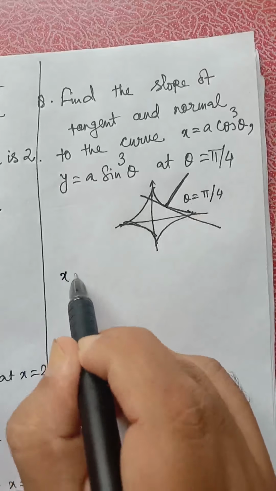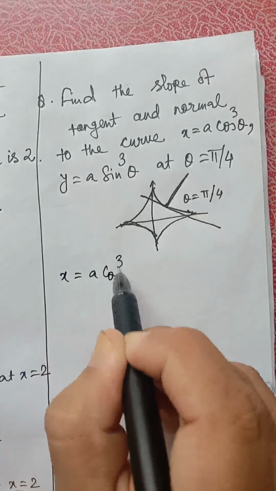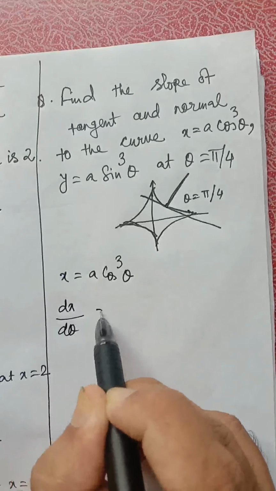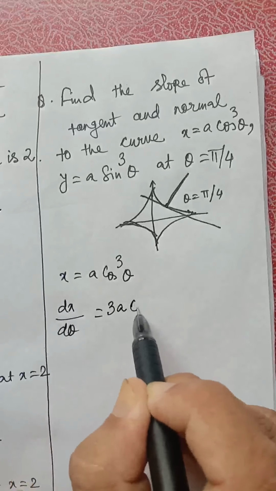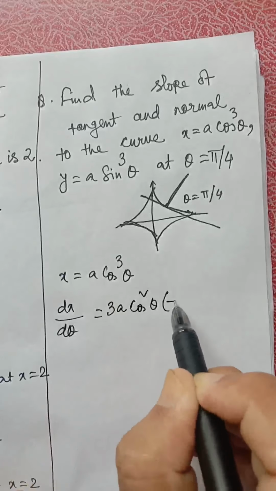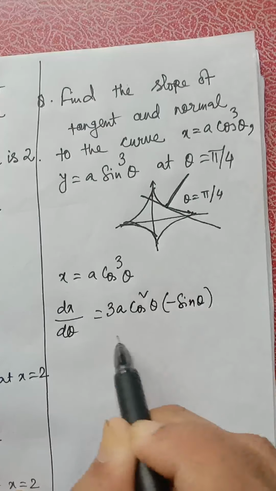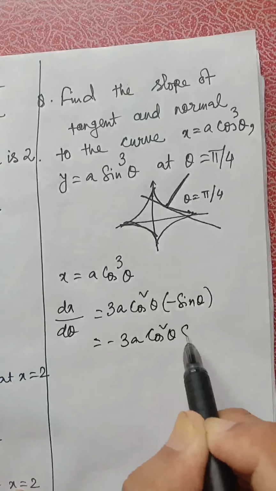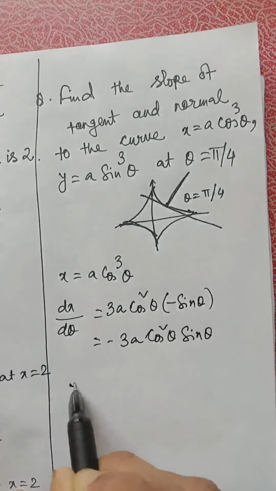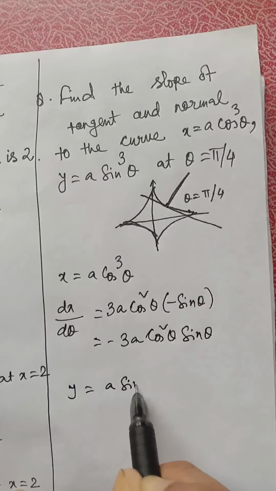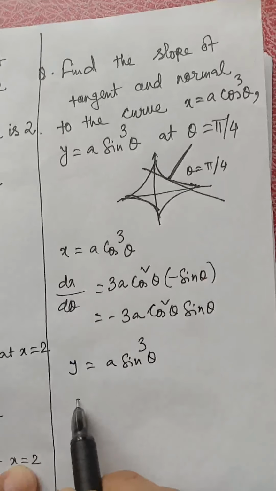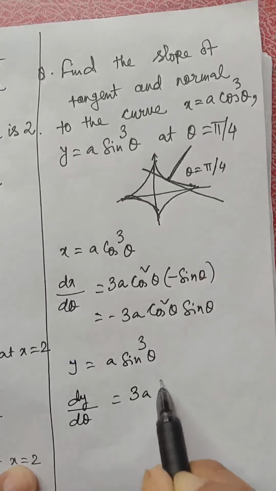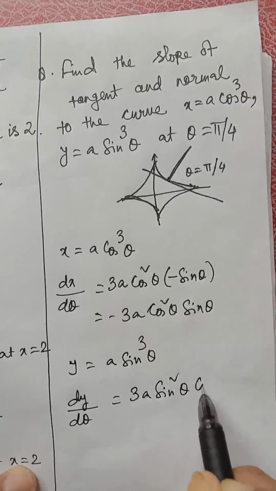Now x equal to a cos cube theta, so dx d theta equal to 3a cos square theta into the derivative of cos theta, which is minus sin theta, so minus 3a cos square theta sin theta. y equal to a sin cube theta, so dy d theta equal to 3a sin square theta into cos theta.